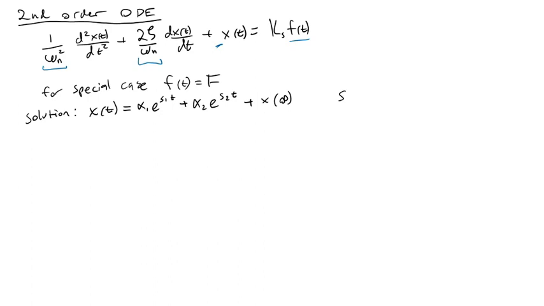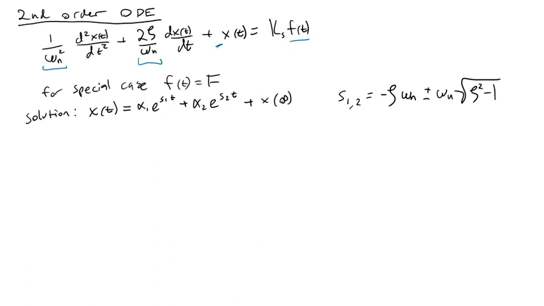So in this case, we have an equation for s1 and s2. They are defined as functions of zeta and omega n. So that's going to be negative zeta omega n plus or minus omega n square root zeta squared minus 1.